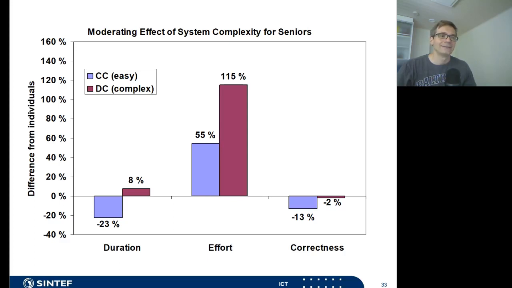When we add in the system complexity, we can see that there are differences. When the system gets complex, the pairs in seniors use longer duration, they also use more effort, and their correctness improves, but it is still negative compared to solo programmers.